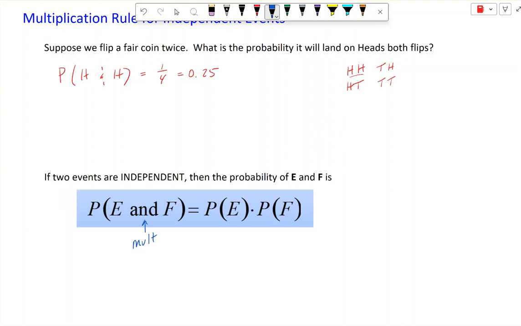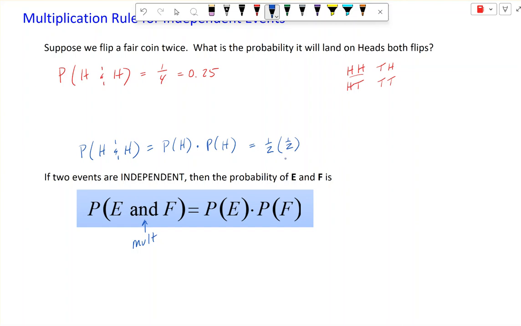So if we want to know the probability of heads and heads, according to the rule, we take the probability of heads for one flip and multiply it times the probability of heads for the second flip. The probability of flipping a head is a 1 in 2 chance, and we multiply that by the probability of the second event, which is a 1 in 2 chance again.